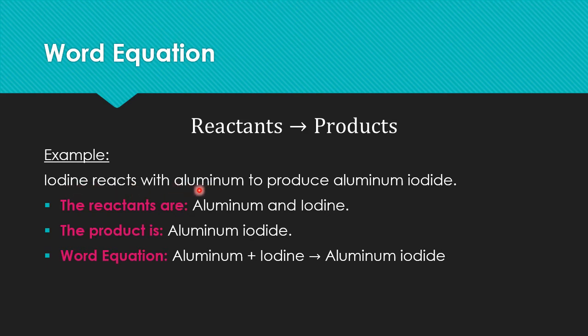So iodine and aluminum are called the reactants, while the new substance formed, which is aluminum iodide, is called the product. So to write the word equation, start by writing the name of the reactants, aluminum plus iodine. We put an arrow. After this arrow, you should write the name of the product. Here we just have one product, which is aluminum iodide.